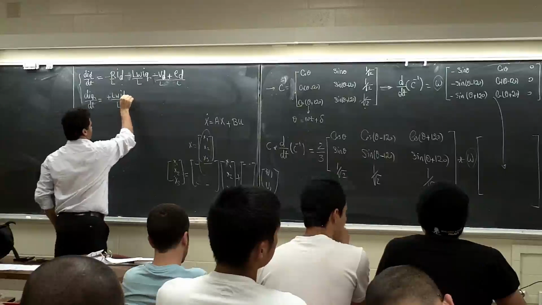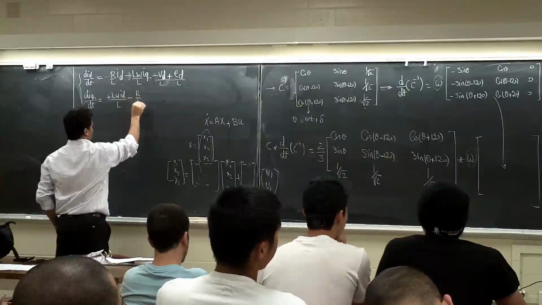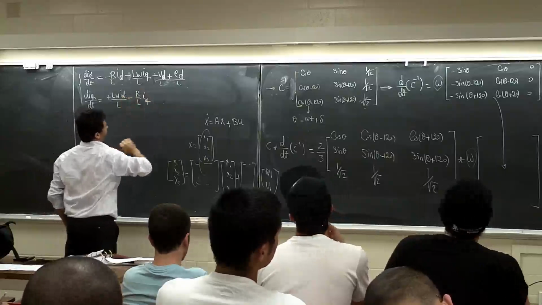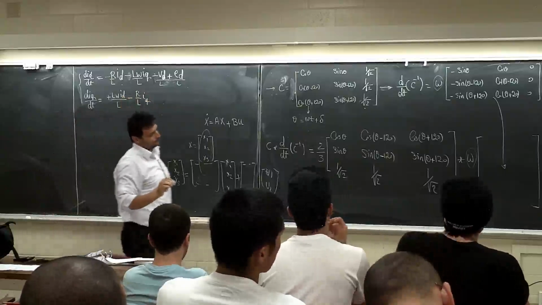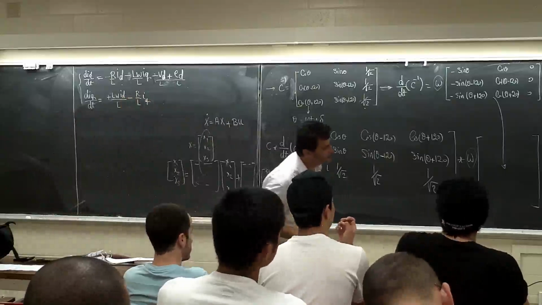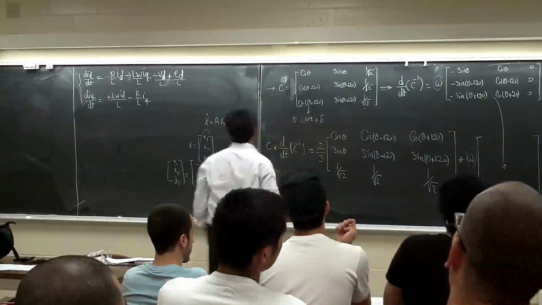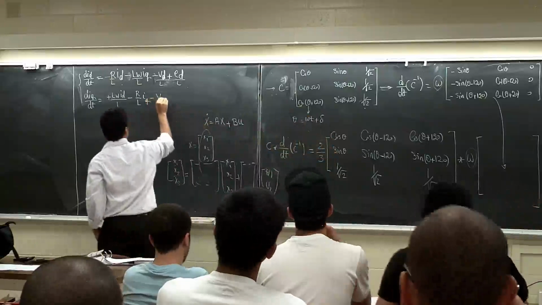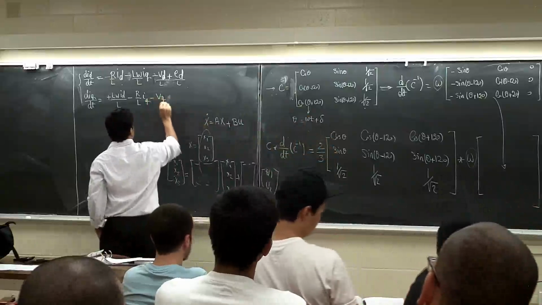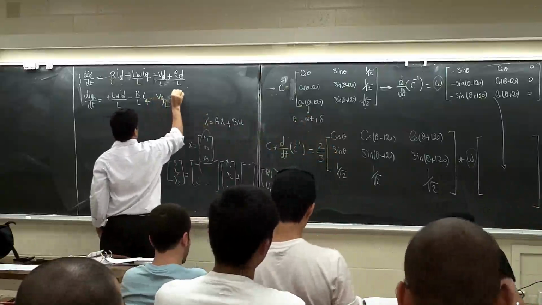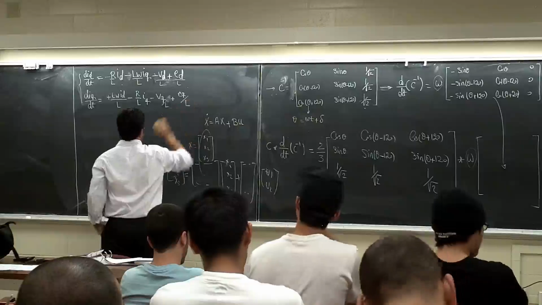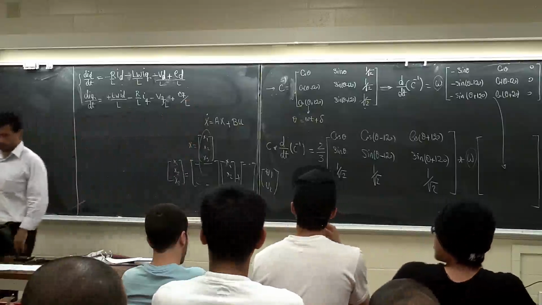Tell me what's the IQ then? Minus R IQ over L. And the next one is minus VQ over L, plus EQ over L.